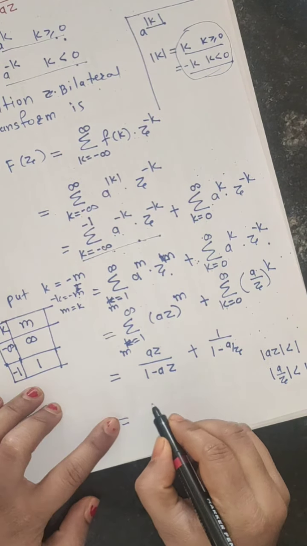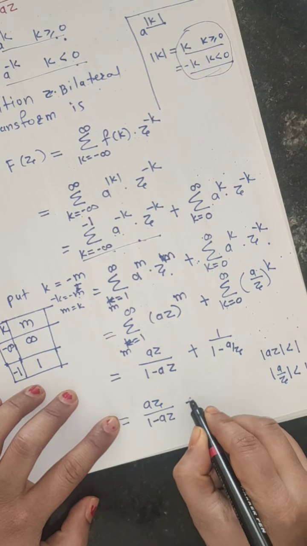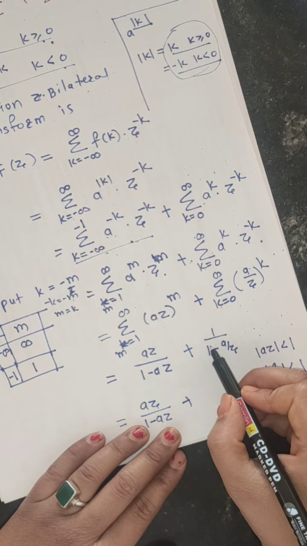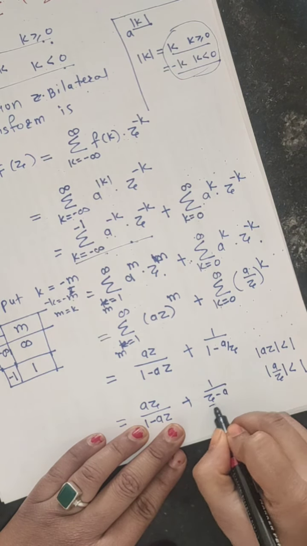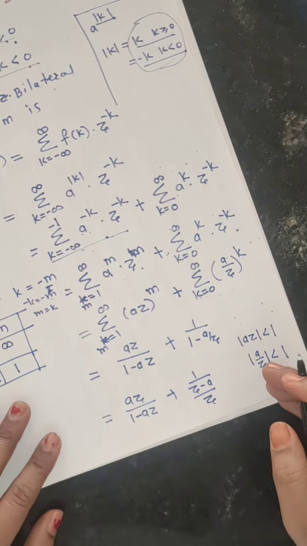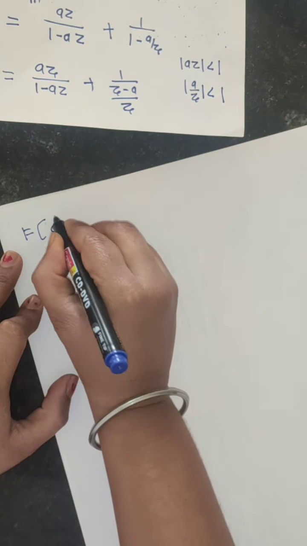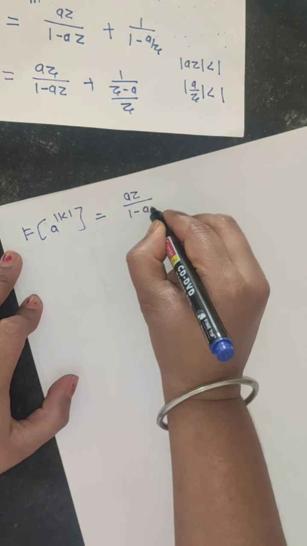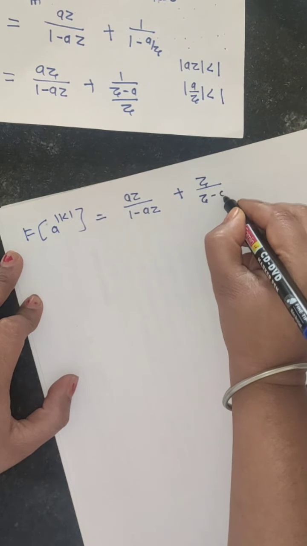So the first term as it is, az upon 1 minus az, plus in the second term we multiply and divide by 1 by z. So we get 1 upon z minus a upon z. So what we have to get? Z of a raised to modulus of k is equal to az upon 1 minus az plus z upon z minus a.